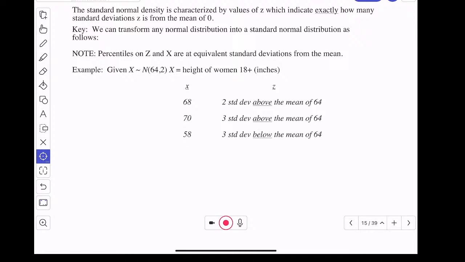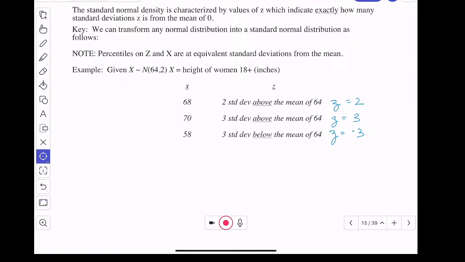And 58 is 3 standard deviations below the mean, and I can use that as -3, whereas this one was +3 and this one was 2. And I can use the standard normal table to understand what's the chance of seeing women shorter than 58 inches.